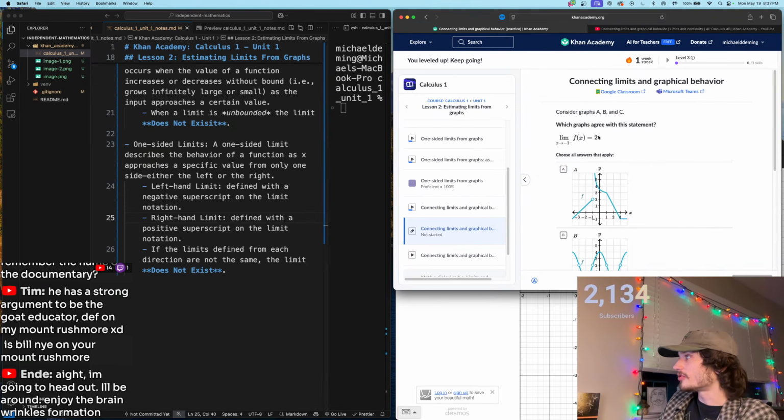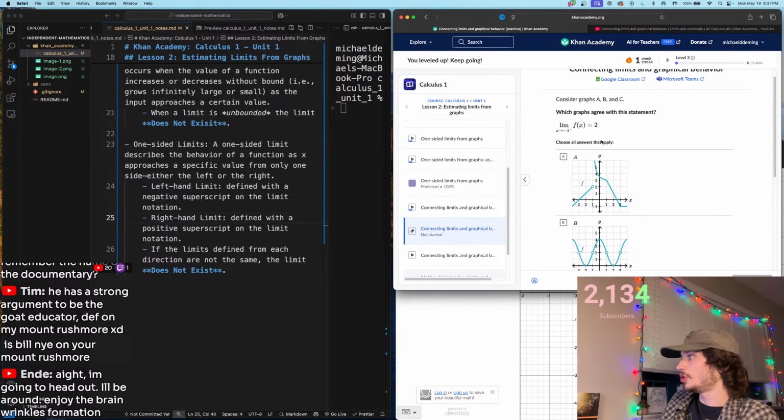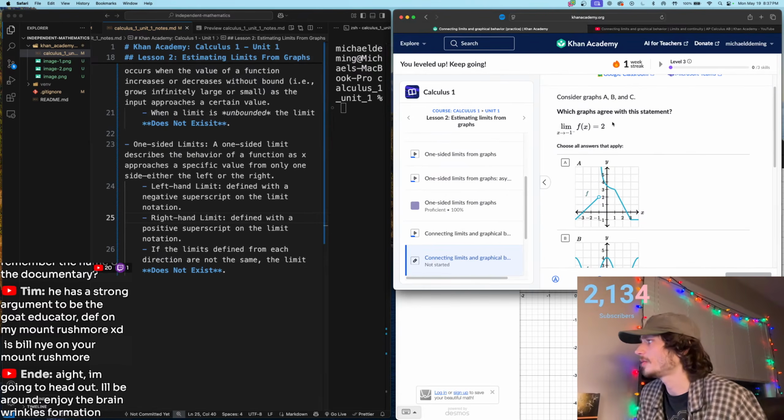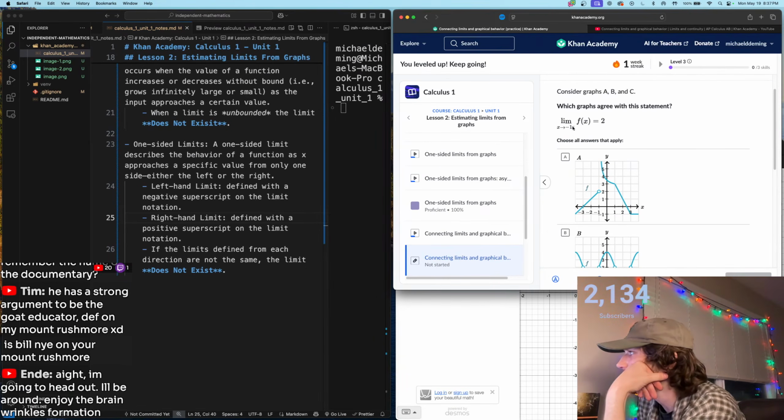All right, four questions. Consider graphs A, B, and C. Which graphs agree with this statement, that the limit as x approaches -1 from the negative direction of f of x is equal to 2? So here we would say as we approach -1 from the negative direction, f of x equals 2.